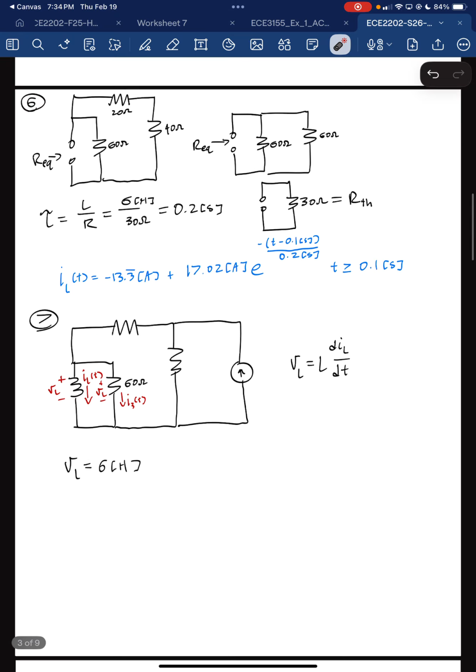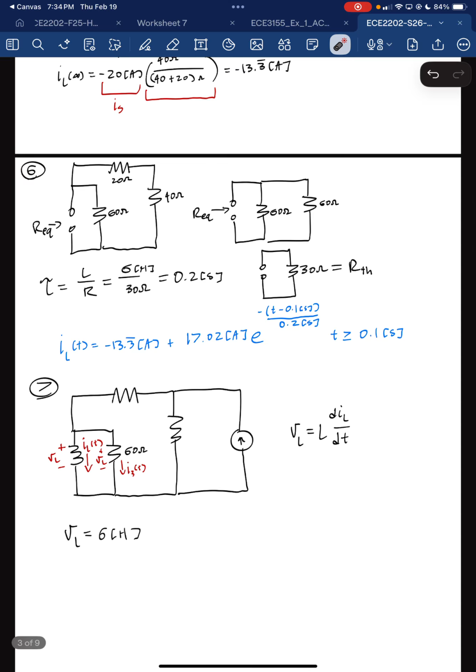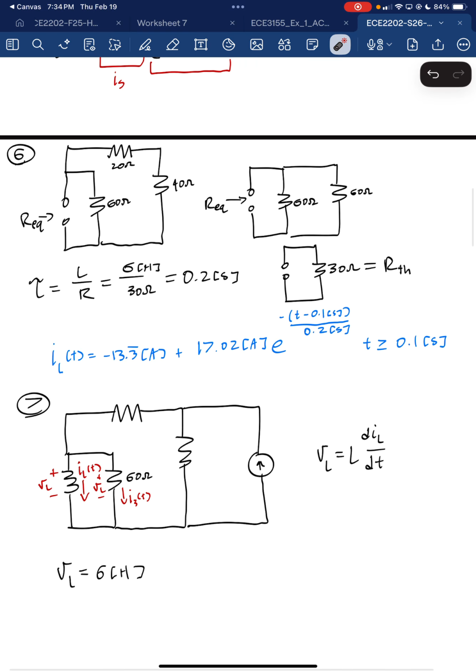Now this is something you can punch into your calculator, although the CAS doesn't like exponential functions that much. It converts it to a decimal, which is really annoying. But you can still do this semi-easily just using basic calculus. The derivative of a constant is 0, so the 13.3 is going to go to 0.